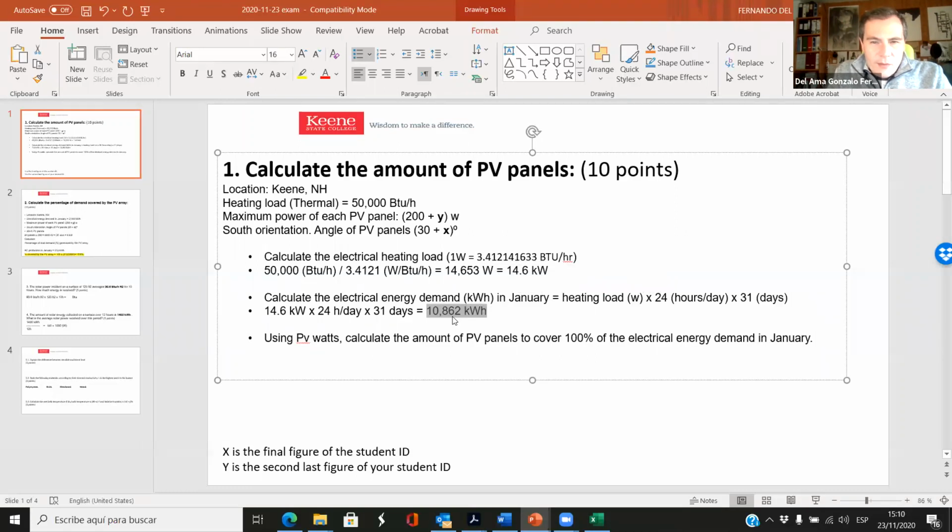And now we have to compare this to the production. We have to calculate the number of PV panels to cover 100% of this electrical demand. So our AC production should be at least 10,862. We have panels of 200 watts each, the south orientation, and the angle of panels is 30. So let's go back to PVWatts.